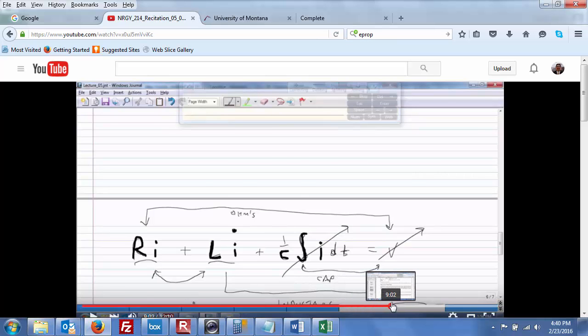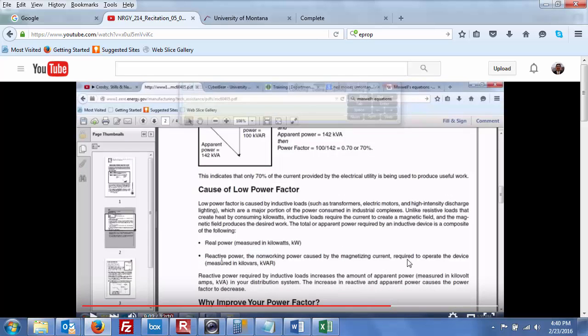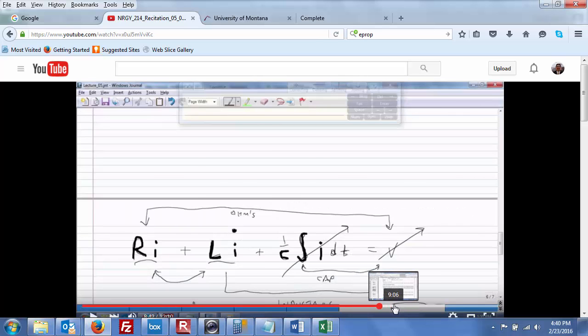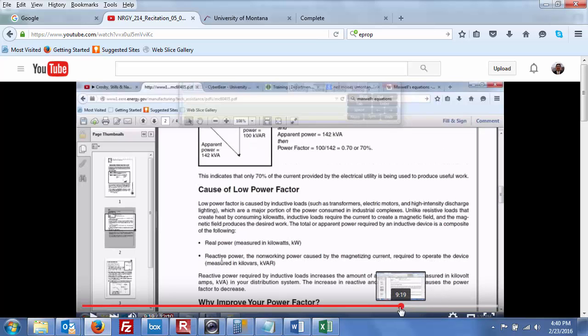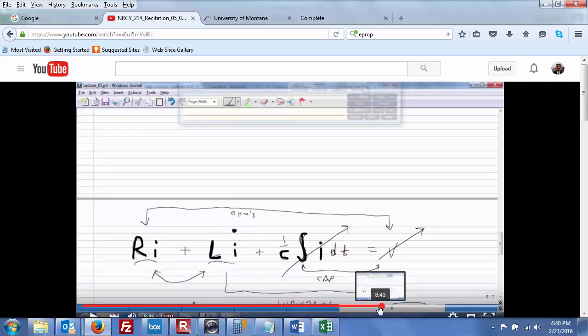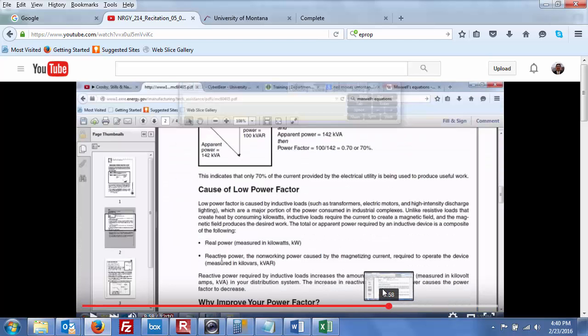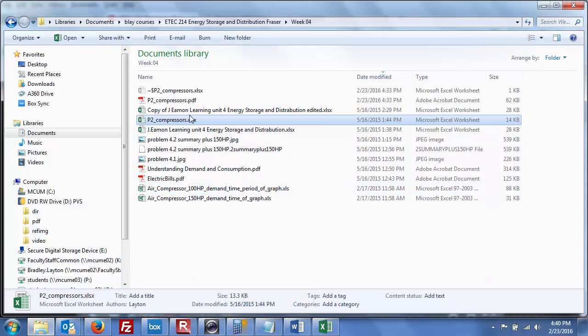So getting back to where we were, there's that little triangle here. Oh, there it is right there. I think I've got some good notes on it too. Let's pull that up.